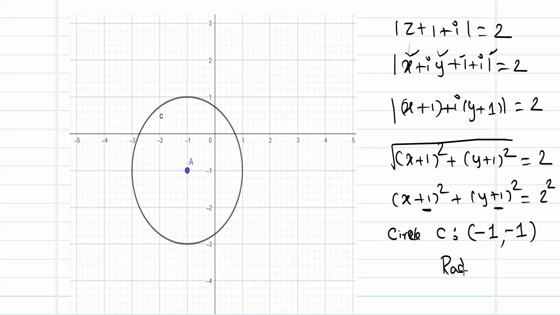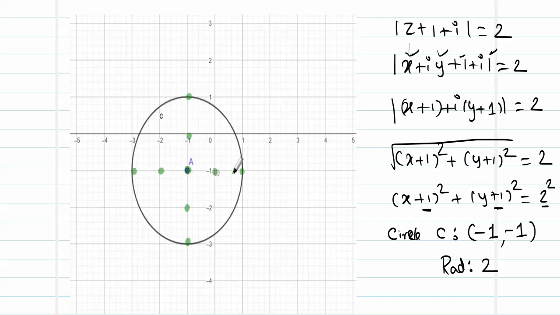And what can be said about the radius? Radius is going to be equal to 2 units. Now plot the point -1 comma -1. So this is my point -1 comma -1. Now radius is 2 units. So 1, 2, 2 points to my left. 1, 2, 2 points to my right. 1, 2, 2 points to my bottom, and 1, 2, 2 points to my top.